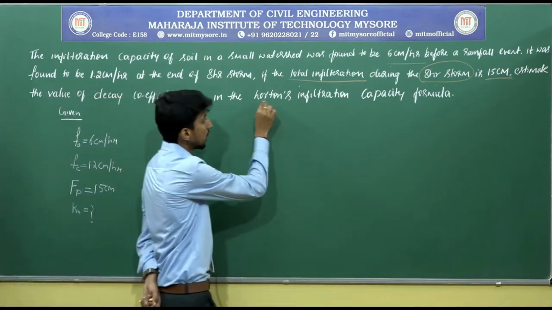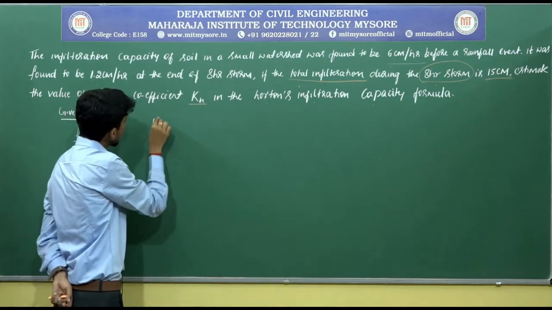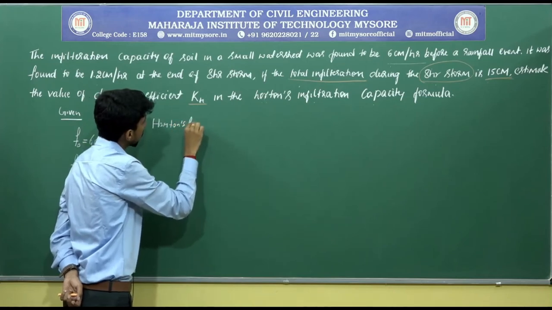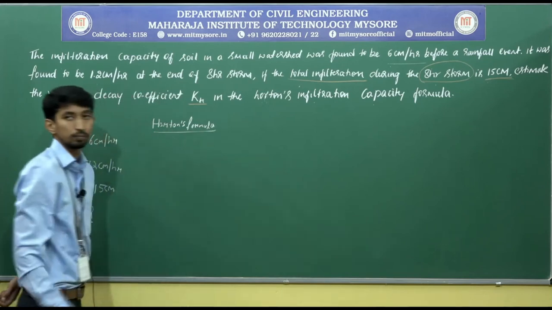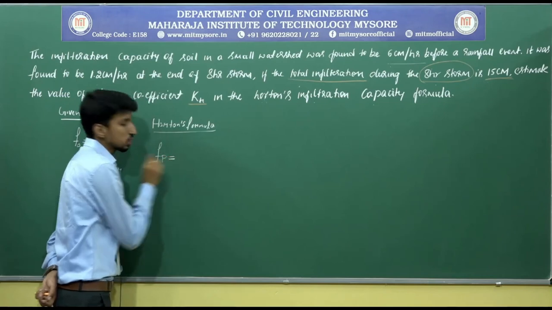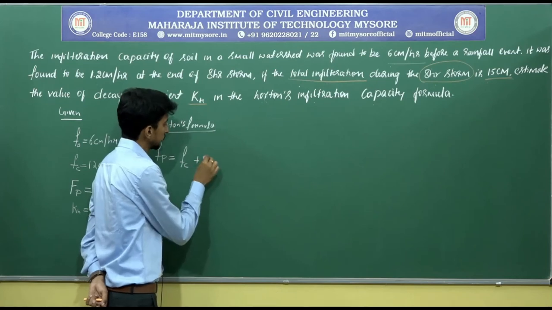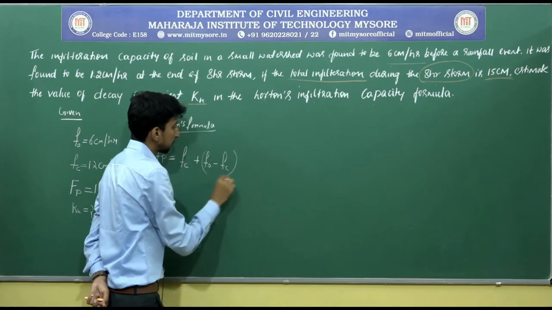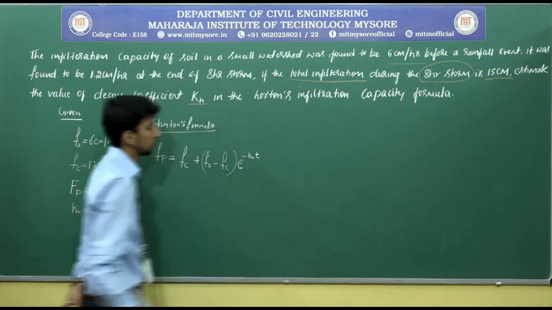Horton's infiltration capacity curve says, by using Horton's formula, that fp equals Fc plus (F naught minus Fc) e power minus Kh into t.